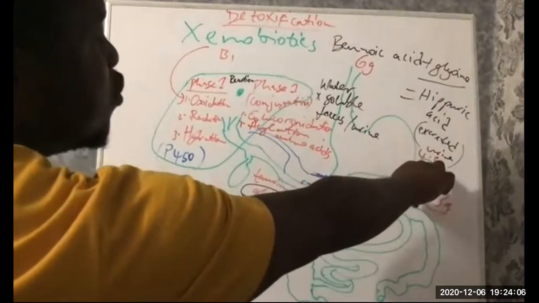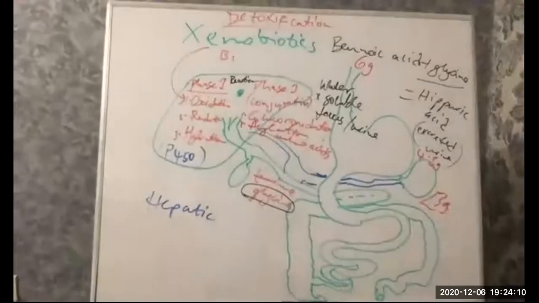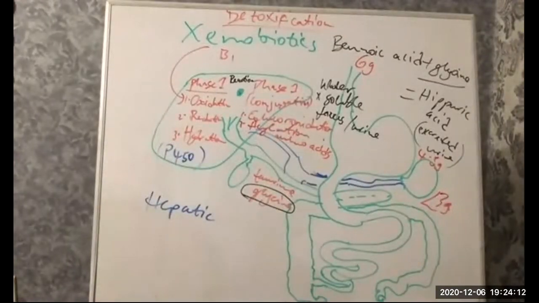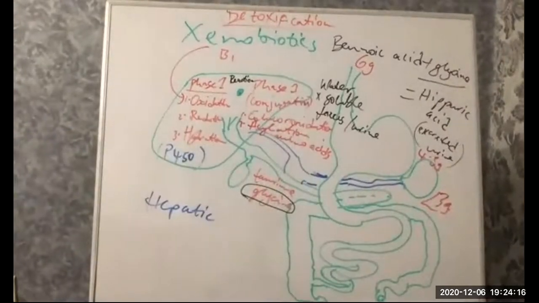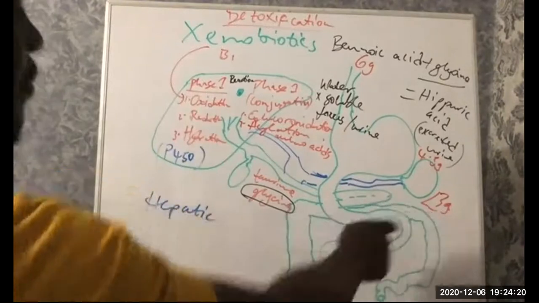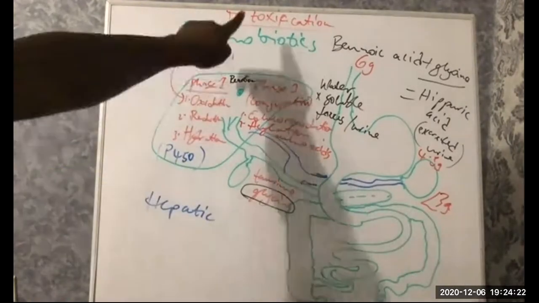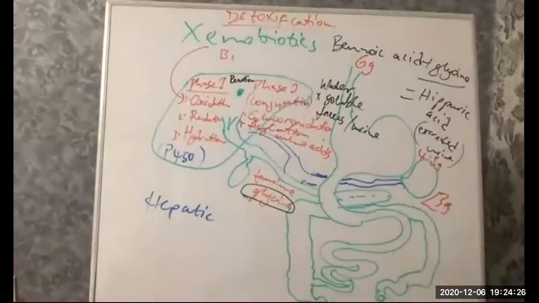Then you check the content of benzoic acid in the urine. So if the content of benzoic acid in the urine is 4.5 and above, it means that the liver is detoxifying properly. But if it is below 3 grams, then it means the detoxification function of the liver has reduced. Does anybody have any question?